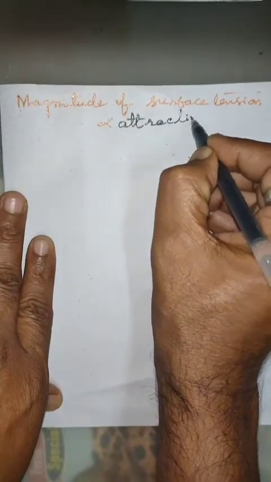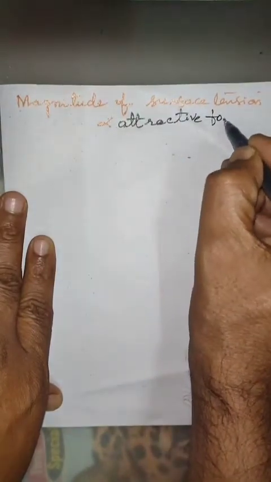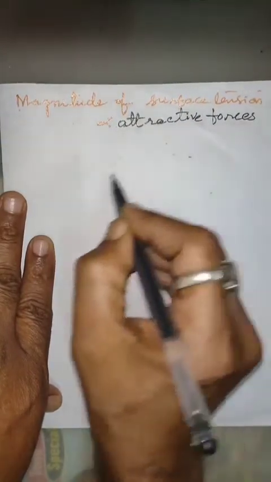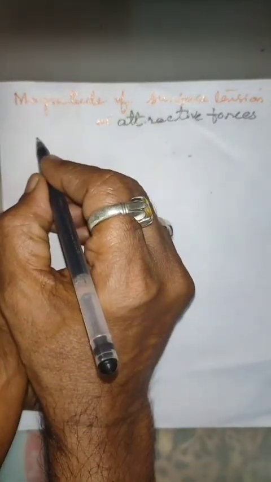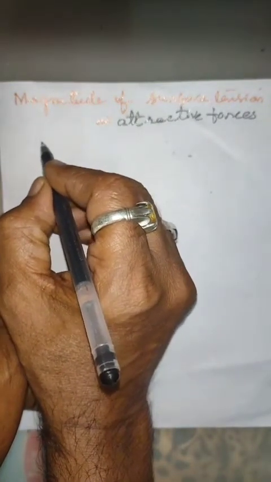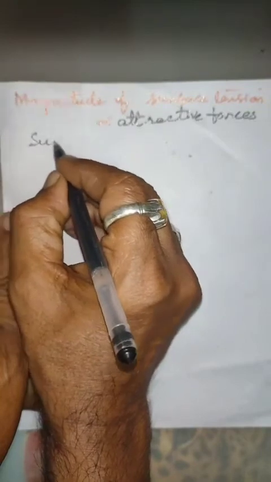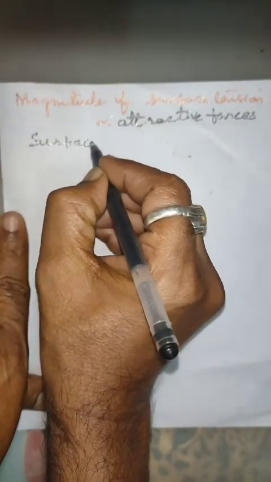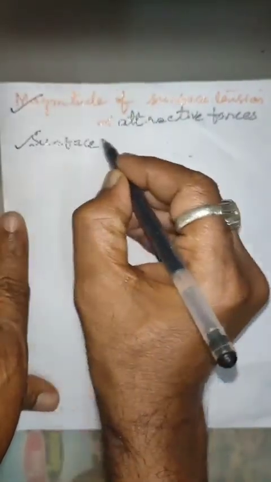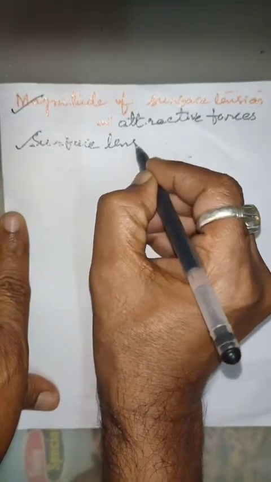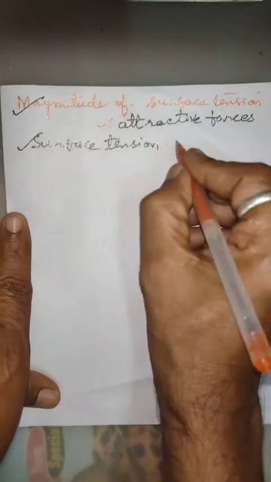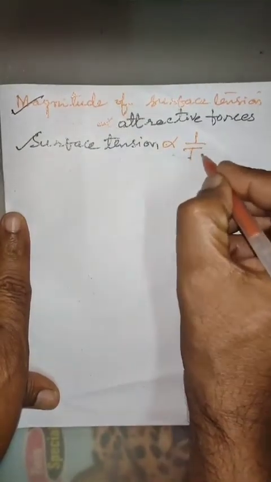Attractive forces. Then surface tension is inversely proportional. This is point 1, and this is another one: surface tension is inversely proportional to temperature.